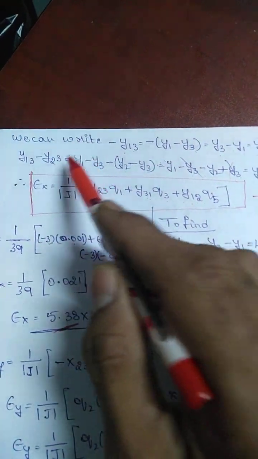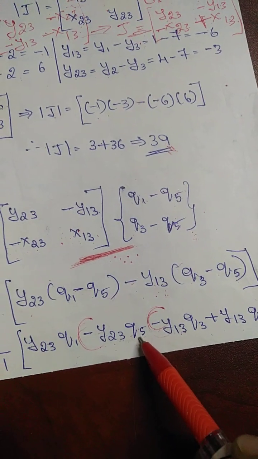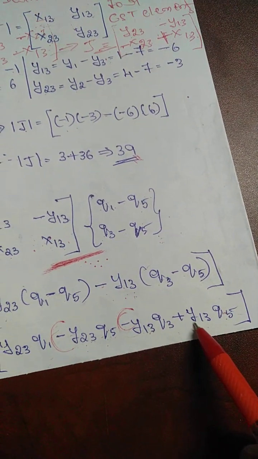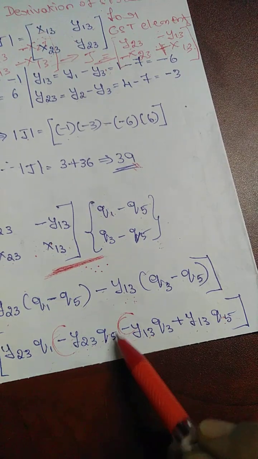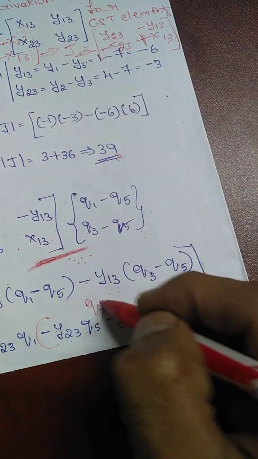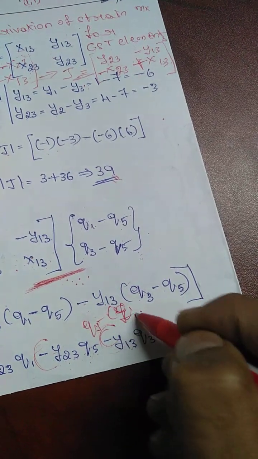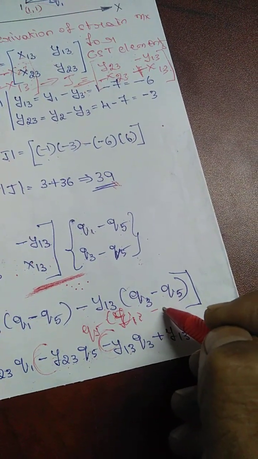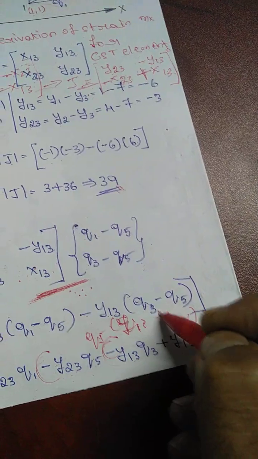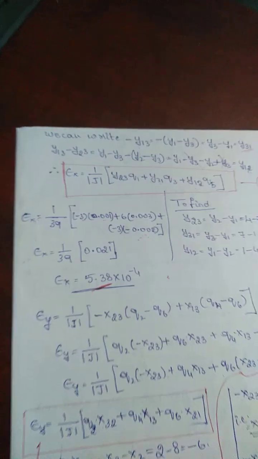Y13 minus y23, why? Because see here, q5 is plus y13 minus y23, so q5 out, q5 into y13 minus y23. That's what I have written here.